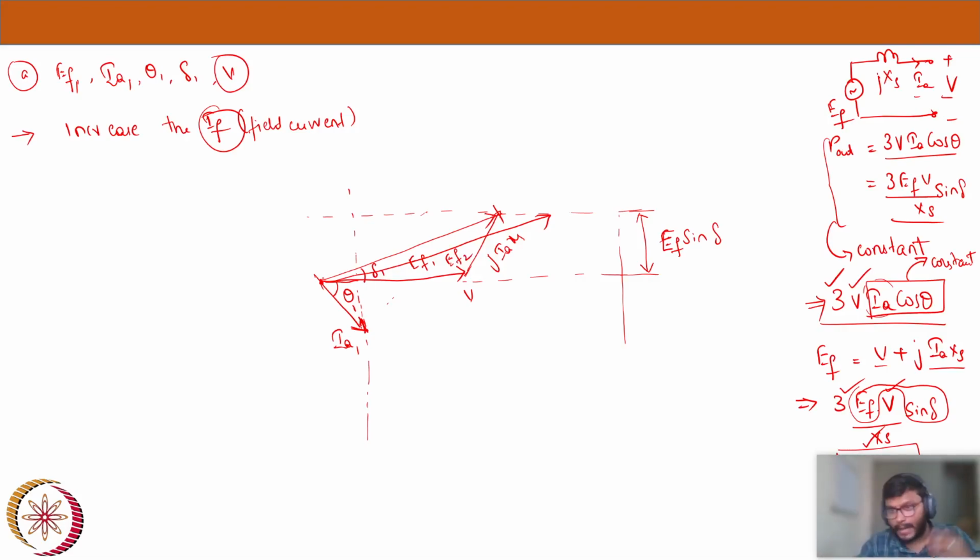Now we are doing the back process because we have to find where the IA lies now. Previously it was lagging power factor. Now we have to see where it is lying. Okay, now we have located our EF2. Now we know EF2 is equal to V plus jIAXS. Whatever is between EF2 and V has to be my jIAXS drop.